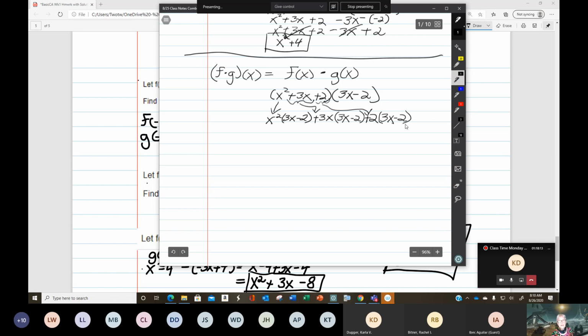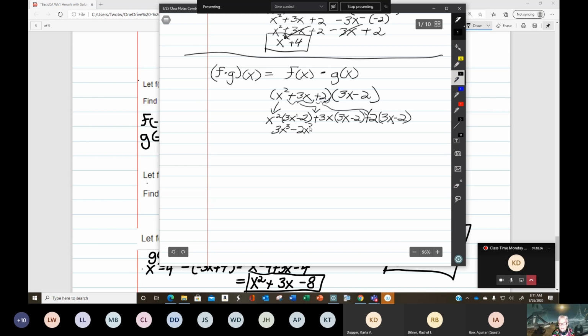And what we're going to do is distribute and distribute and distribute. x squared times 3x is 3x to the third, because this is a power 1, and when you multiply like bases, you add the exponents. x squared times minus 2 is minus 2x squared.